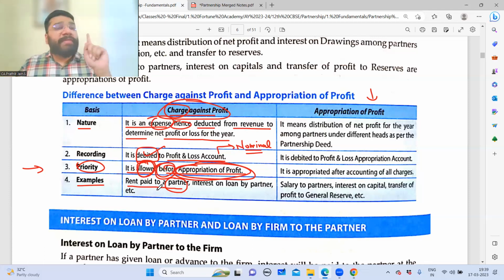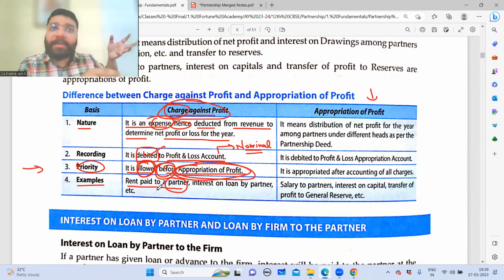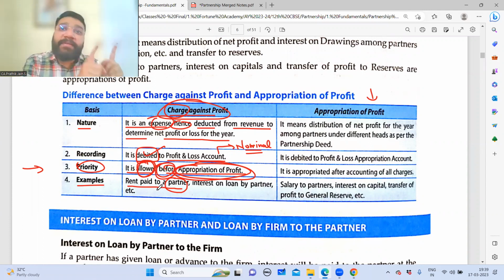No. Had you taken this premises from any third party, how you would have treated the third party? Same way you are supposed to treat this partner also if he's giving the premises to you on rent. So normally, if any partner gives his building on rent to the firm, it has to be by default a charge against profit item only.